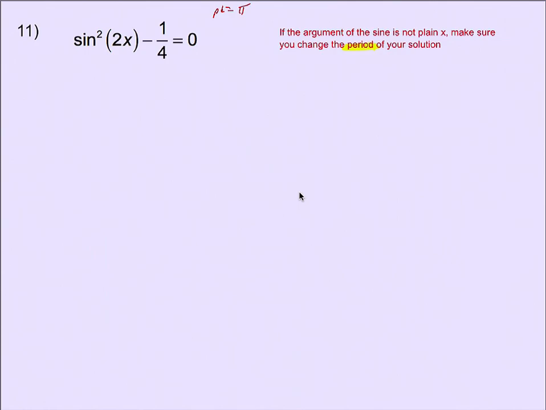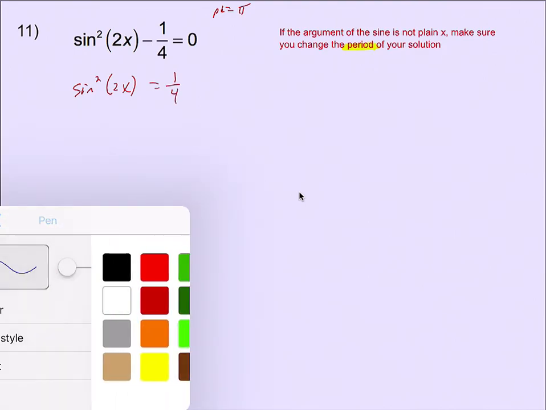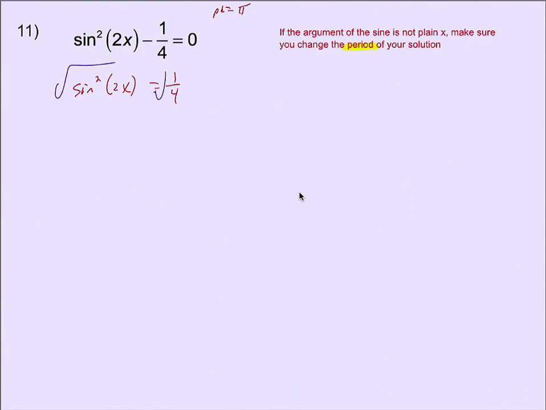But once we've thought of that, everything else is the same as other problems. We will get it by itself. You can either factor here if you want, but because there's only one kind of sine, I would recommend you don't factor here. I would recommend instead you get the sine squared by itself, and then take the square root of both sides to turn it into regular sine.